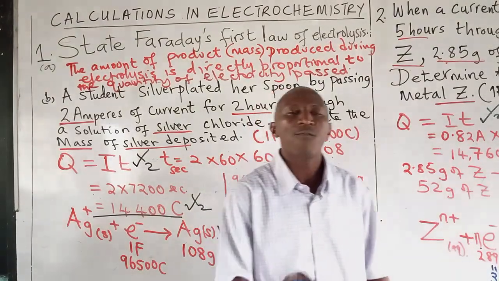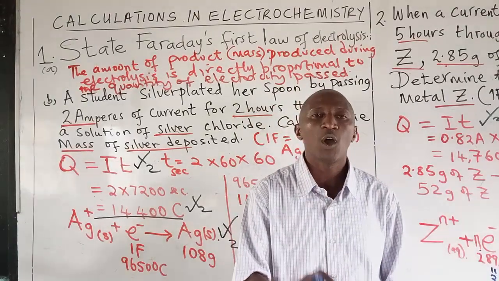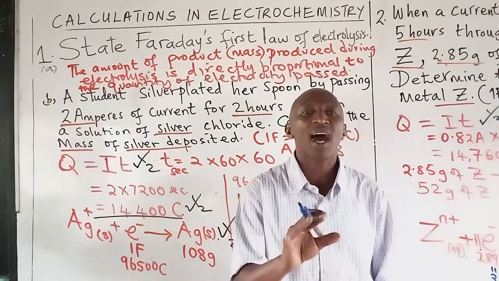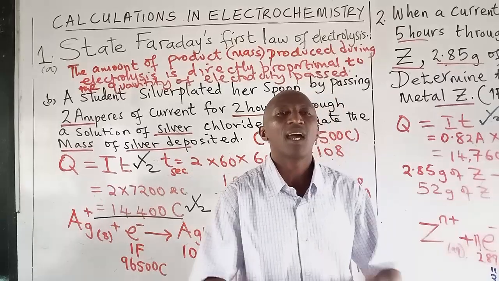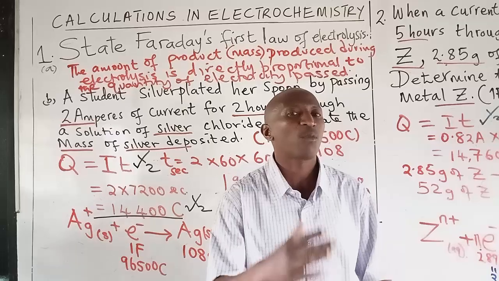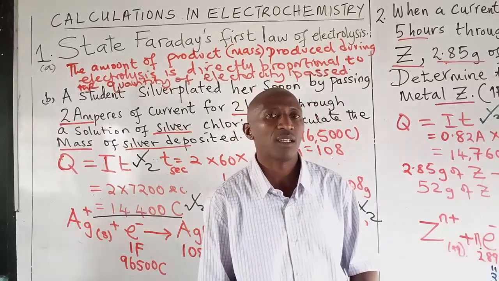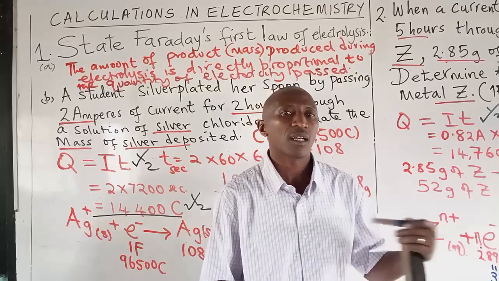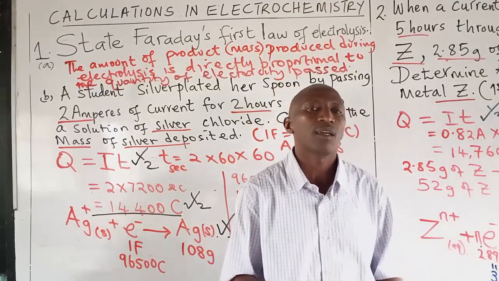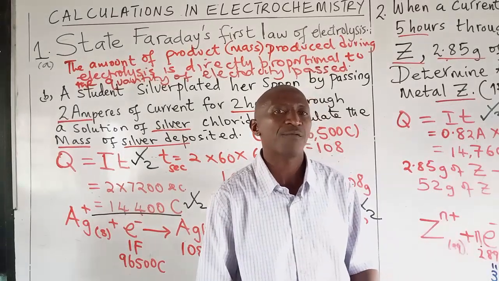Let us prepare for question number 3 and number 4, whereby we shall look at the RAM and other variables like time, mass, and the amount of electricity passed.